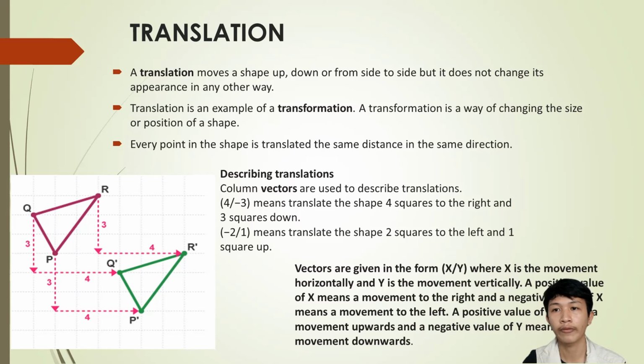Vectors are given in the form (x, y), where x is the movement horizontally and y is the movement vertically. A positive value of x means a movement to the right, and a negative value of x means a movement to the left.